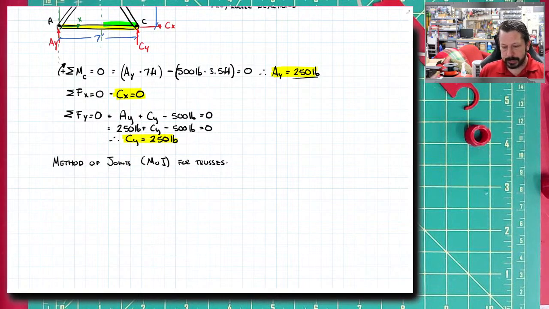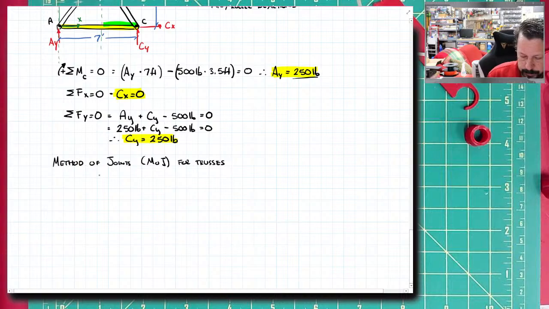So what method of joints means is that you individually look at every joint of the truss and treat each of those joints as a concurrent force system, and you solve your equilibrium equations just with summation of forces in X or Y, or Z if you have a three-dimensional truss.